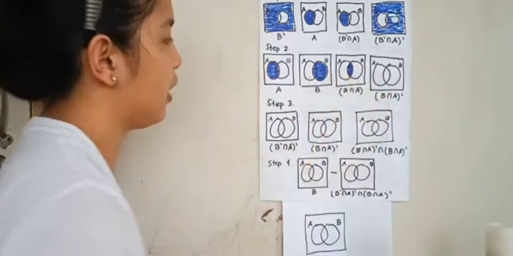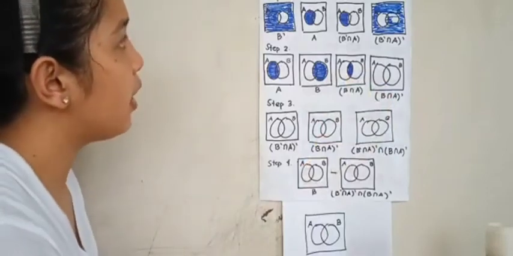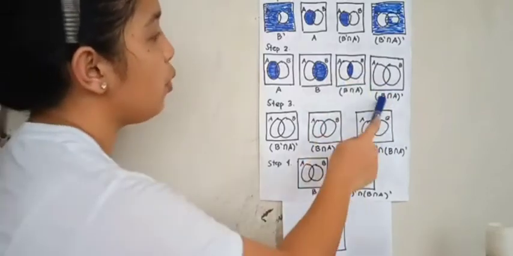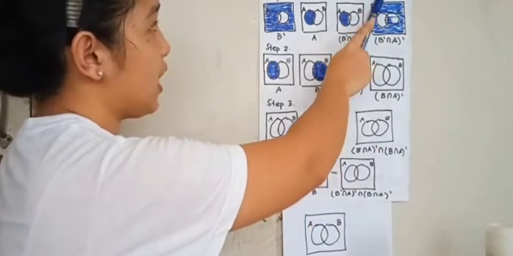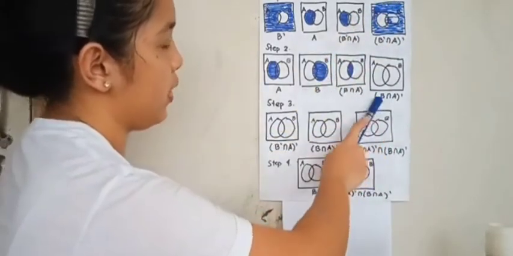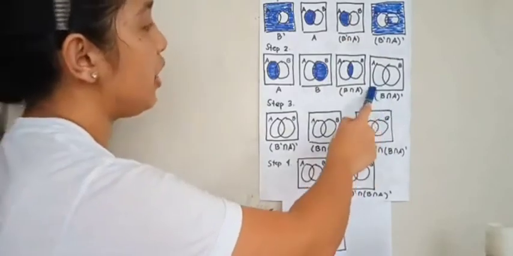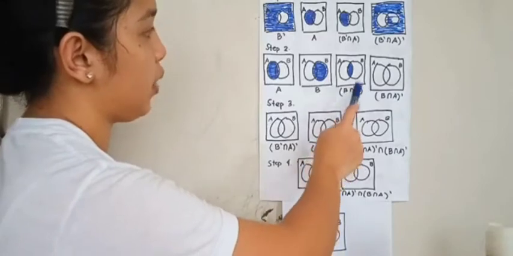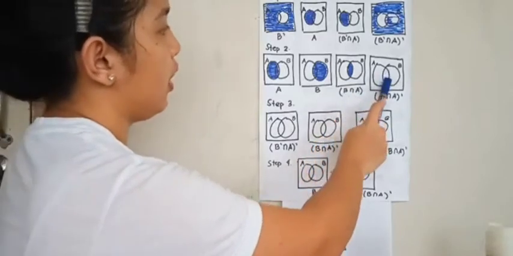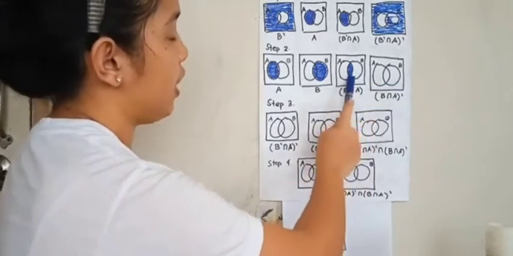Like this. Next we have also B intersect with A, close parenthesis, with a complement. So when we say complement, everything outside B intersect with A. So outside of this one.